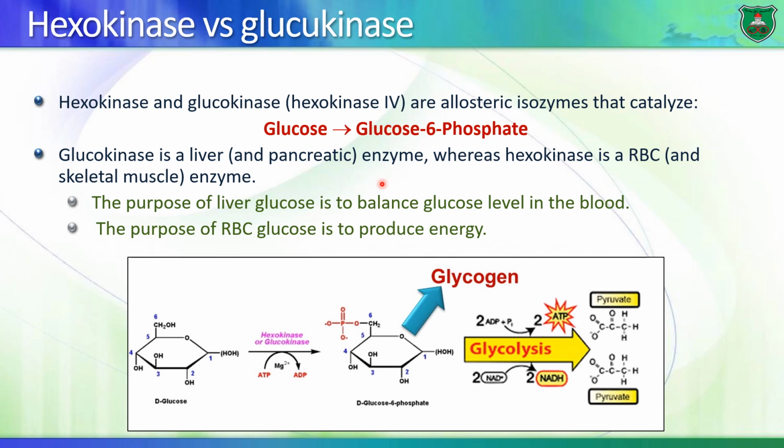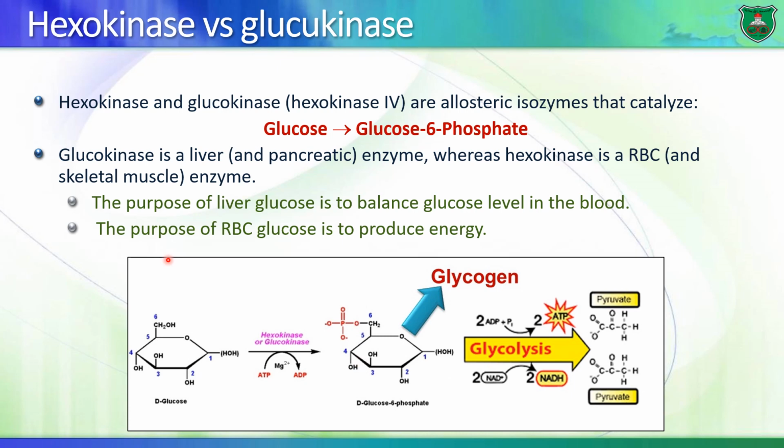If there is a lot of glucose in the system, it gets stored as glycogen. If peripheral tissues like skeletal muscle, heart, or brain need glucose, the function of the liver is to break down glycogen into glucose 6-phosphate and send it to other tissues so that they can utilize it for the production of energy.